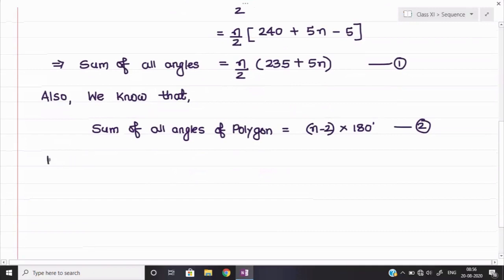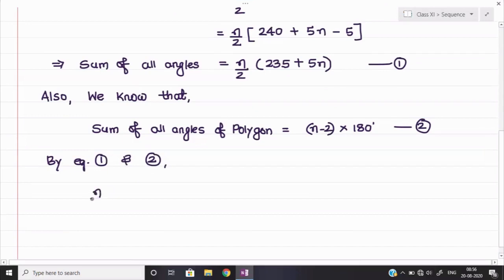So we can say that by equations 1 and 2, we can equate both of them because both are giving us the value of the same thing. So n upon 2 into the bracket 235 plus 5n is equal to n minus 2 into 180.